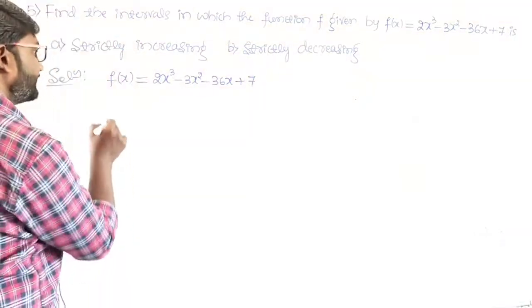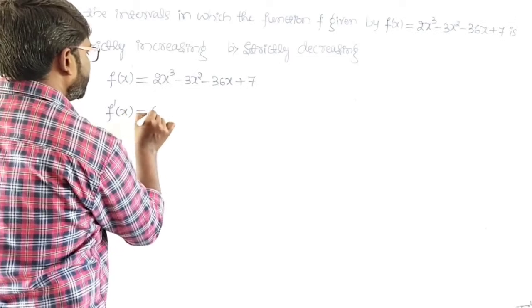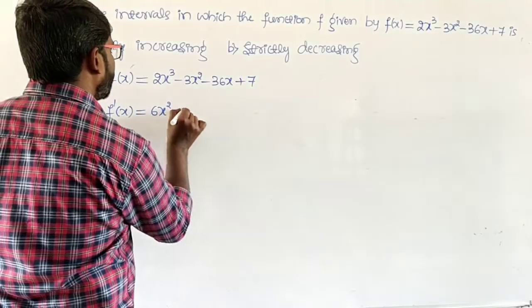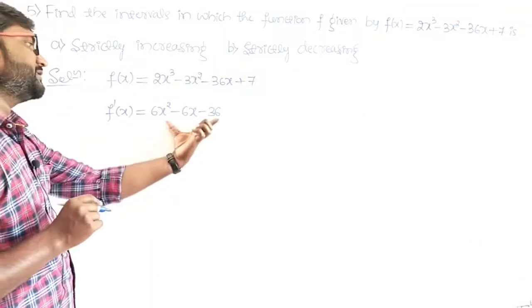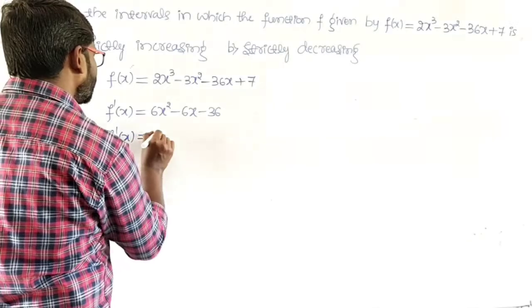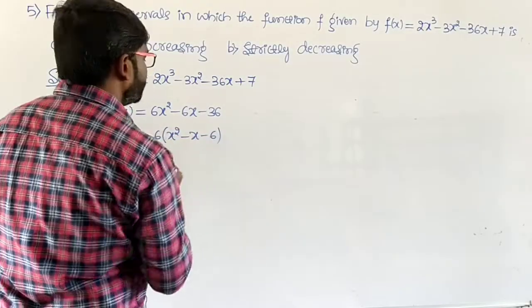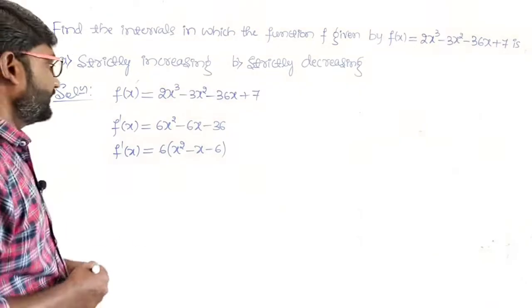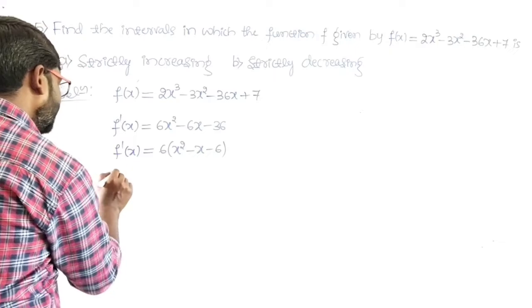So go for f dash of x now. f dash of x equals 6x square minus 6x minus 36. In this we can take 6 common. f dash of x equals 6 times x square minus x minus 6.